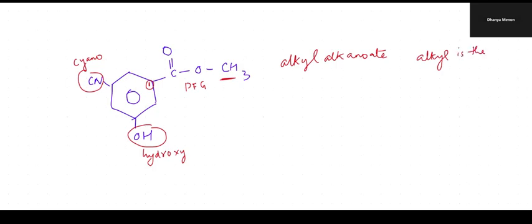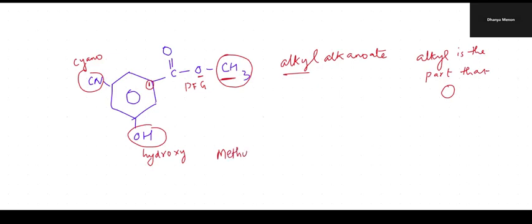I'm talking about ester here. So which alkyl is connected to the oxygen here? The methyl. So first I write the name of the alkyl group that is connected to the oxygen.